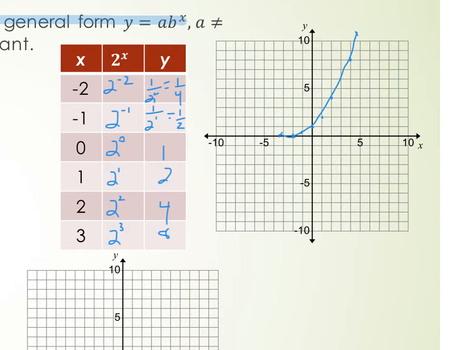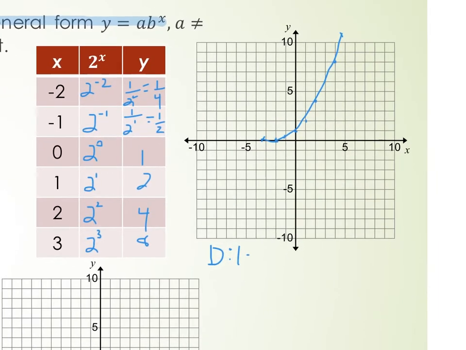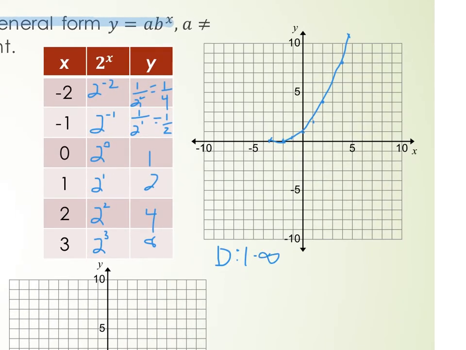Okay, so now other things that are important to keep in mind. Our domain here is all real numbers, so -infinity to infinity. And our range is 0 to infinity.